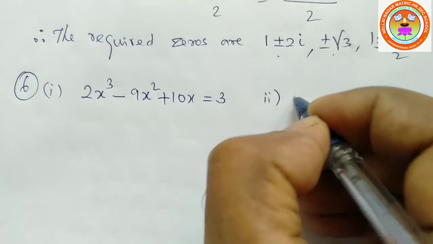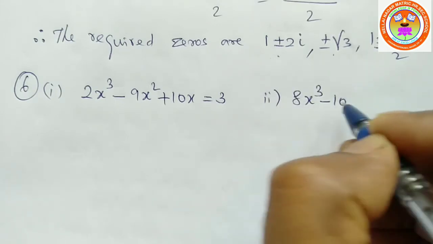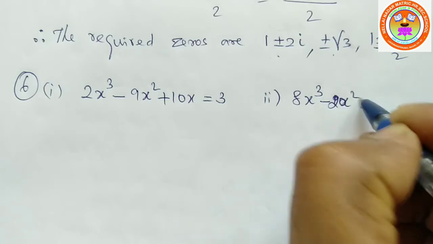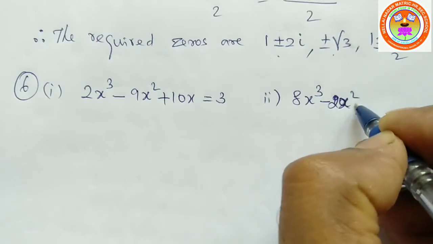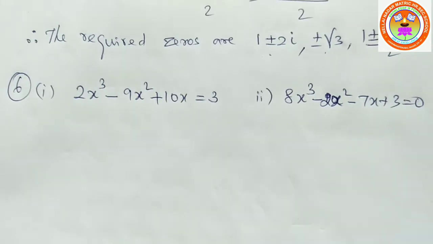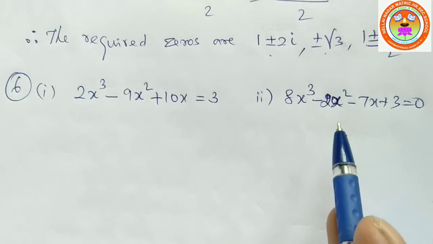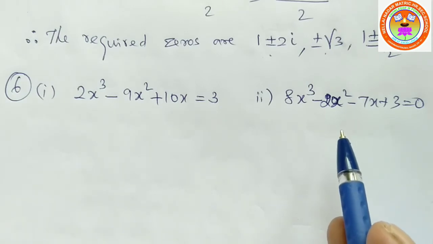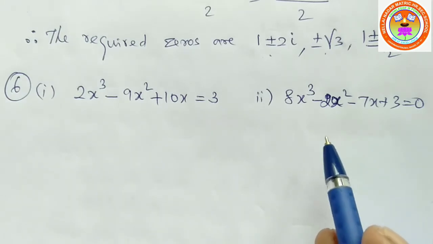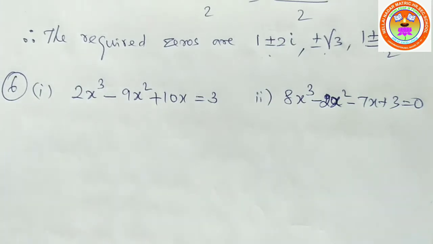Another one is 8x cube minus 2x square minus 7x plus 3, which is equal to 0. So we can solve these two polynomials by the synthetic division method. Already we have studied the synthetic division in class 9.